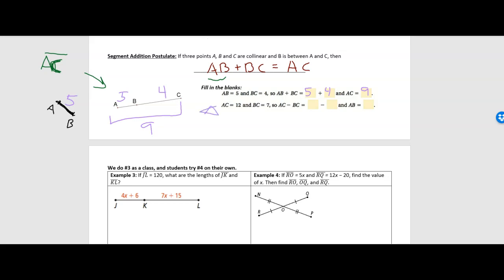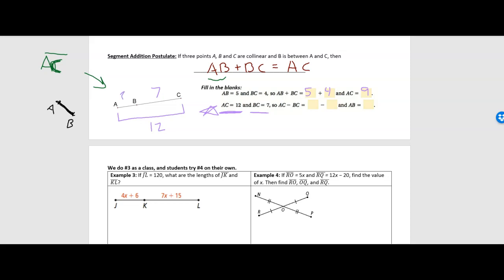Another way we can understand the segment addition postulate is if we know that the whole length of the segment is 12, and we know that a piece is 7. So let me come over to my segment and rewrite this based on what I know. I know the whole segment AC is 12, and I know that BC is equal to 7.